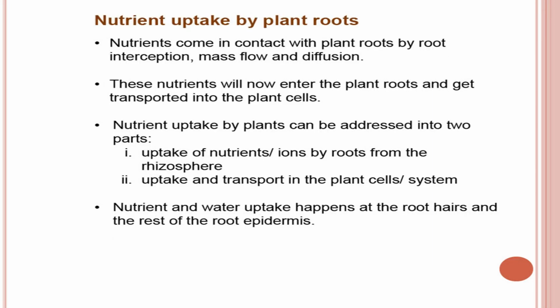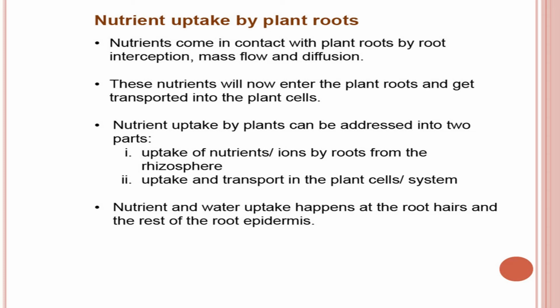Now, nutrient uptake by plant roots, the actual process. Nutrients come in contact with plant roots by root interception, mass flow and diffusion. Of course, this has been covered. These nutrients will now enter the plant roots and get transported into the plant cells. This process is quite complicated and difficult of course, but I will try to make it simple so that each one of you understands it.